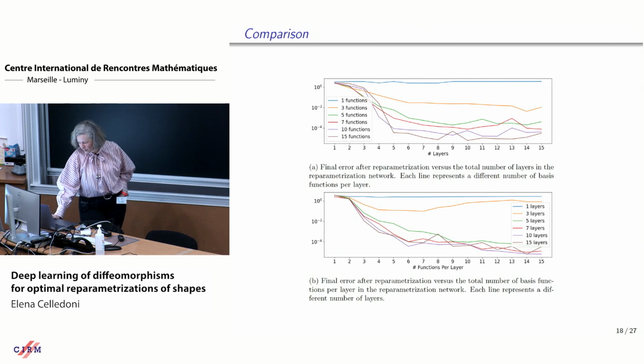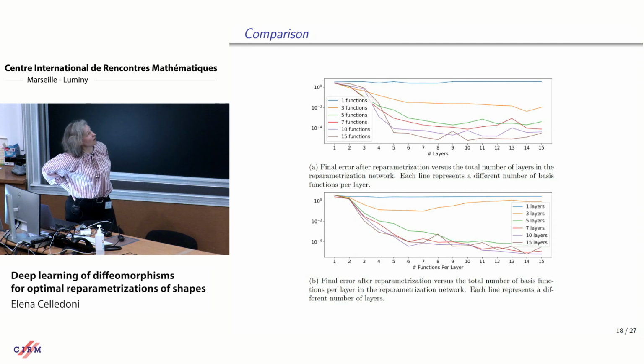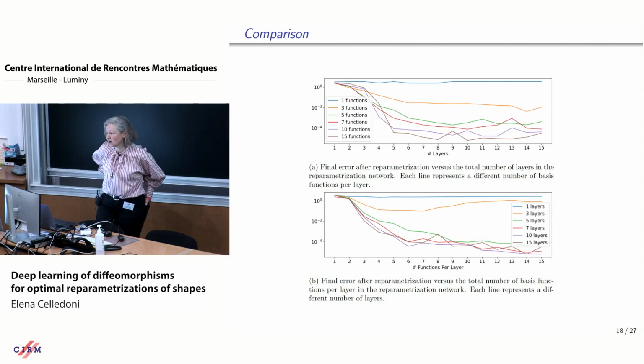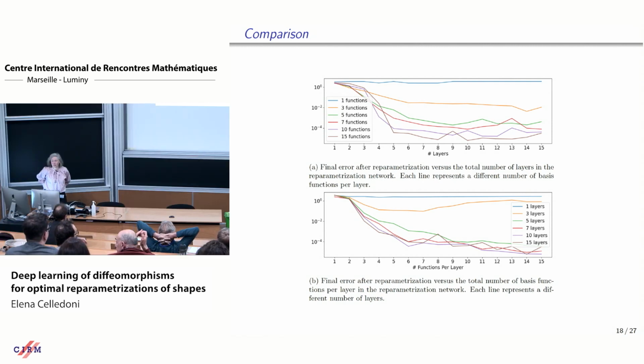Here is a more systematic experiment where, in the first picture, we plot the error against the number of layers that we use in the method. The different curves are for different numbers of basis functions.